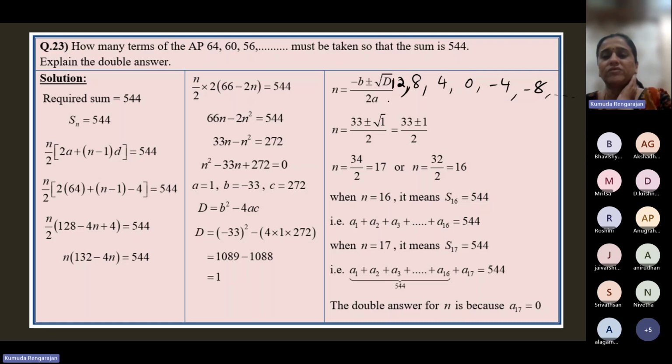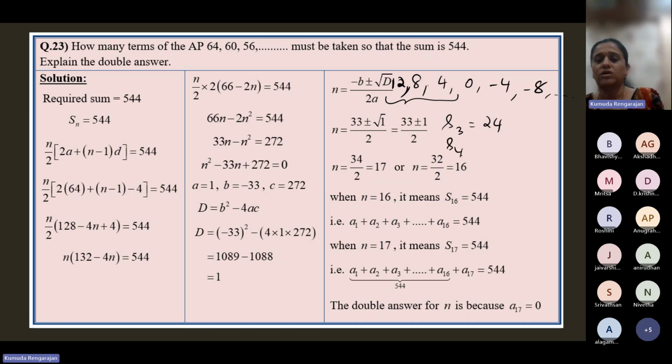What's the sum of the first three terms? 12 plus 8, 20. 20 plus 4, 24. S3 is equal to 24. S3 means A1 plus A2 plus A3, which is 24.